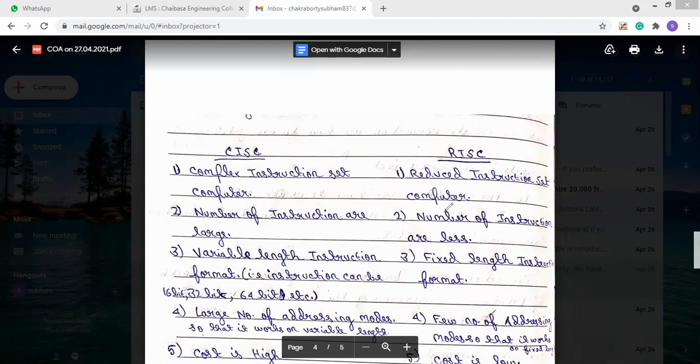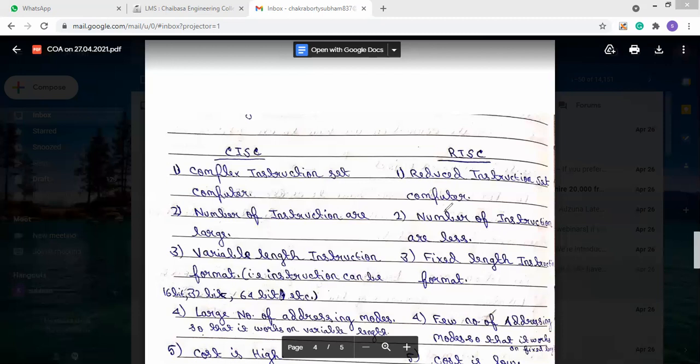Means if 16-bit is used, then all the instructions will be 16-bit. It is not that the next instruction will be 32-bit, and the next will be 64-bit. No variations will be there. So that's why RISC means fixed length instruction format.